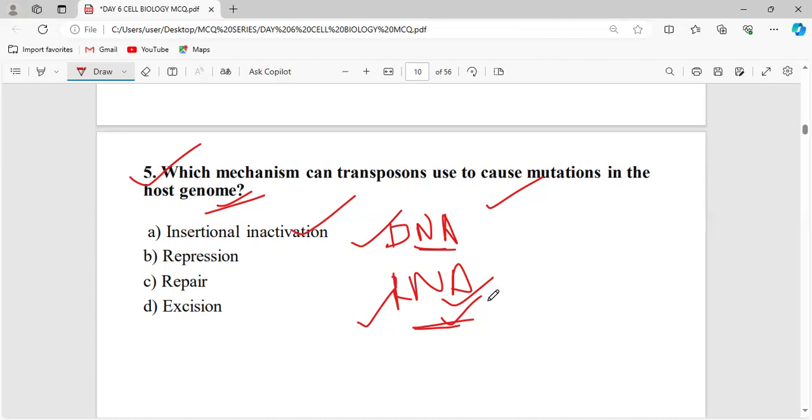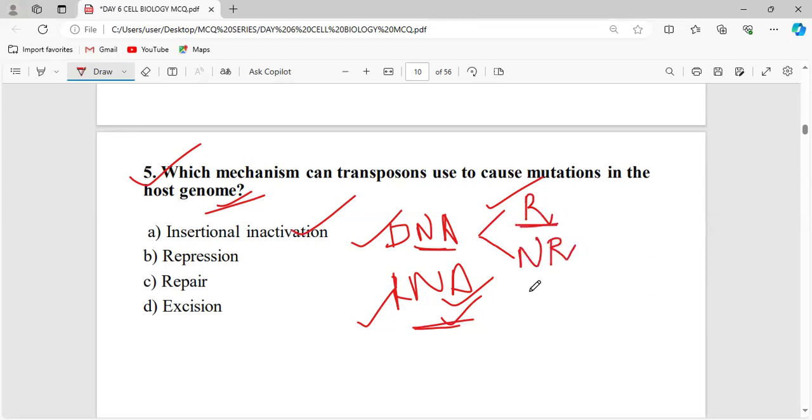We are saying class 2 transposons and class 1 transposons, and in class 2 we have two different types of DNA transposons: replicative DNA and non-replicative DNA.